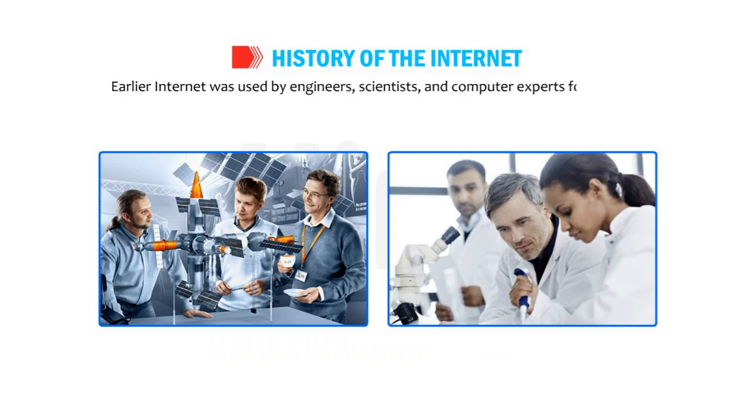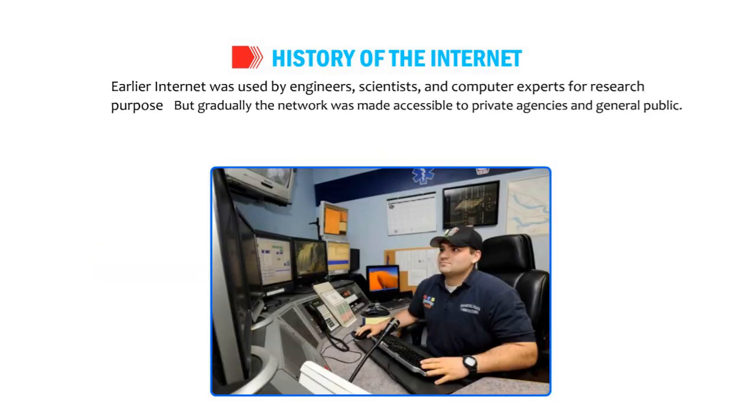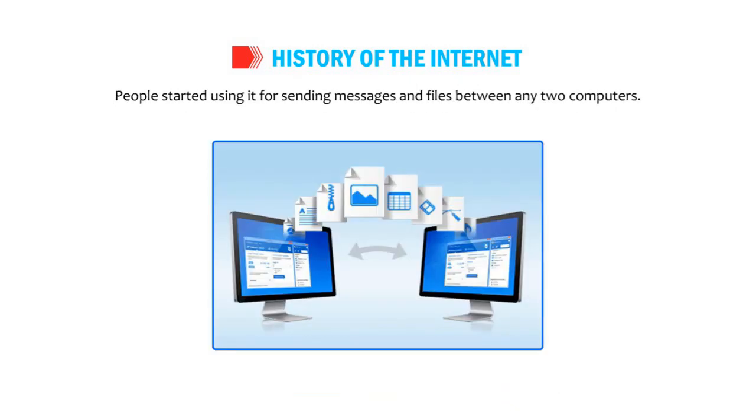Earlier, the internet was used by engineers, scientists, and computer experts for research purpose. But gradually, the network was made accessible to private agencies and the general public. People started using it for sending messages and files between any two computers.